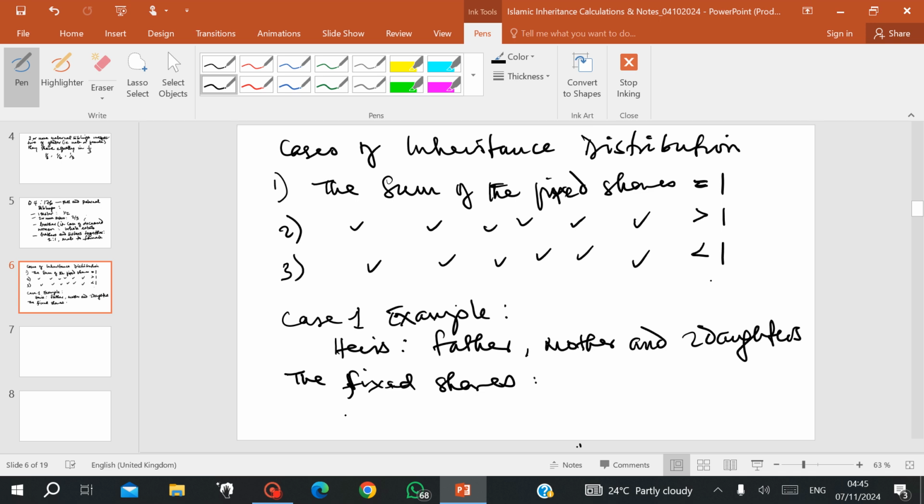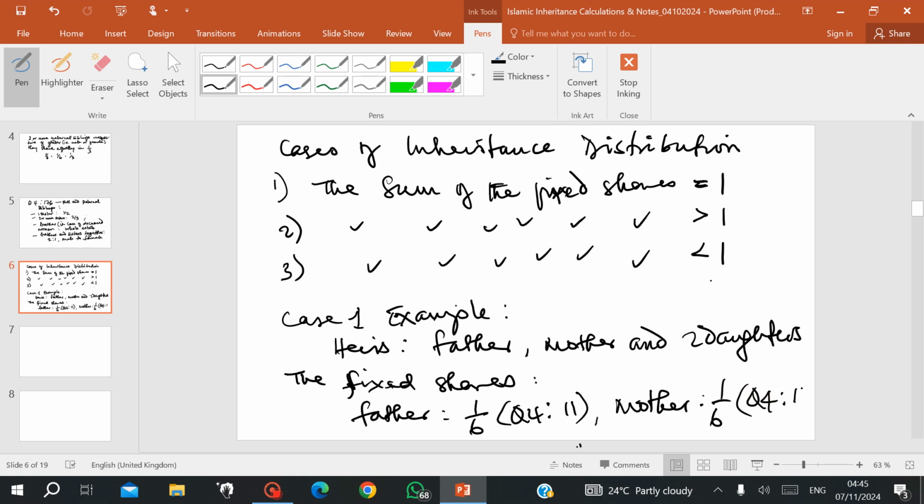Starting with the father, we have 1/6 according to Quran chapter 4 verse 11, because there are children. There are 2 daughters here. And then the mother, likewise, we have 1/6, the same verse, Quran chapter 4 verse 11, because there are children.